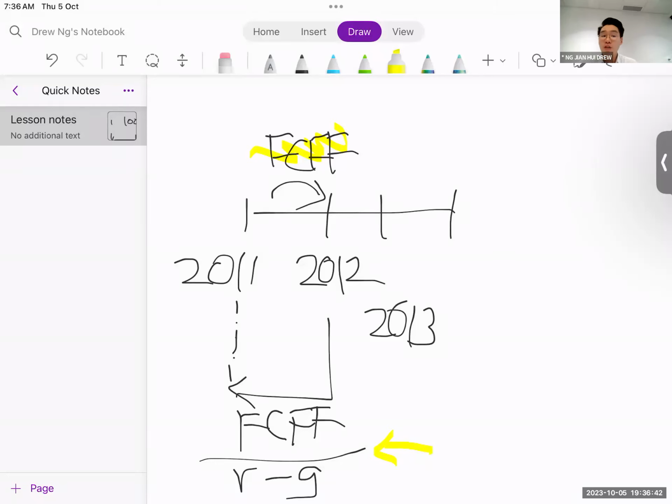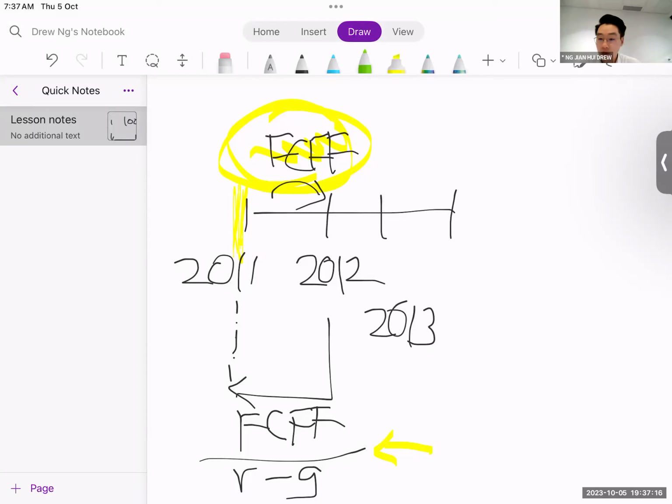So it really falls back to your basics of time value of money and recalling what formula you use. In this sense, you're using a growing perpetuity. And because this FCFF is already one period from today, and today is here, you don't have to multiply by 1 plus G. Everyone understand this part?